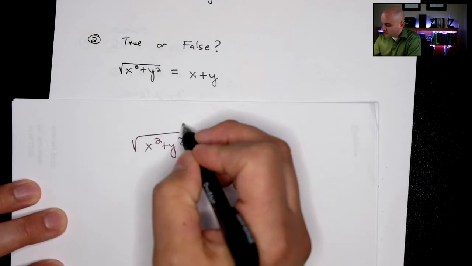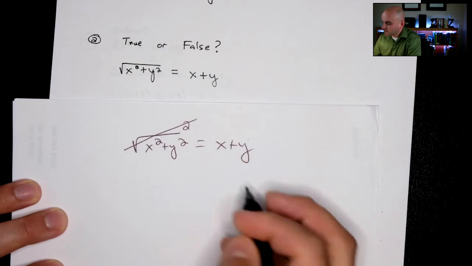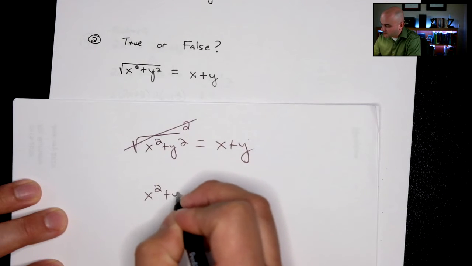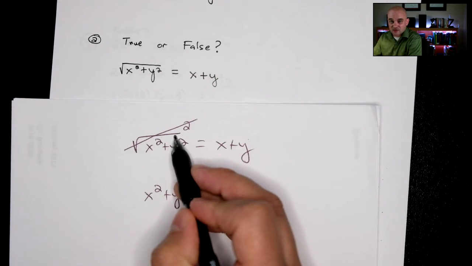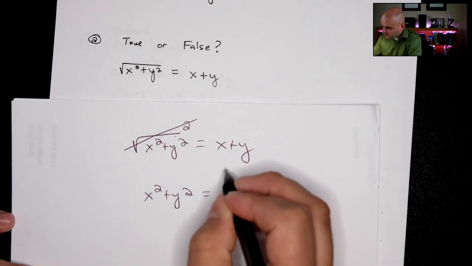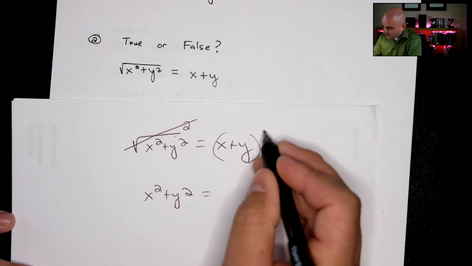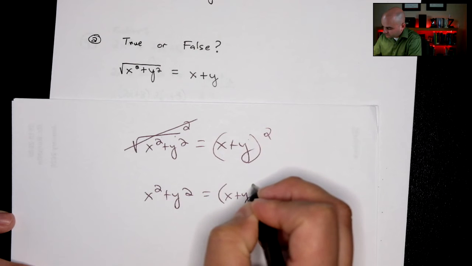So if I square this left side right here, it cancels out that root, and I get just x squared plus y squared. But I can't just square the left side. I also have to square the right side over here as well. So I need to square that whole right side.